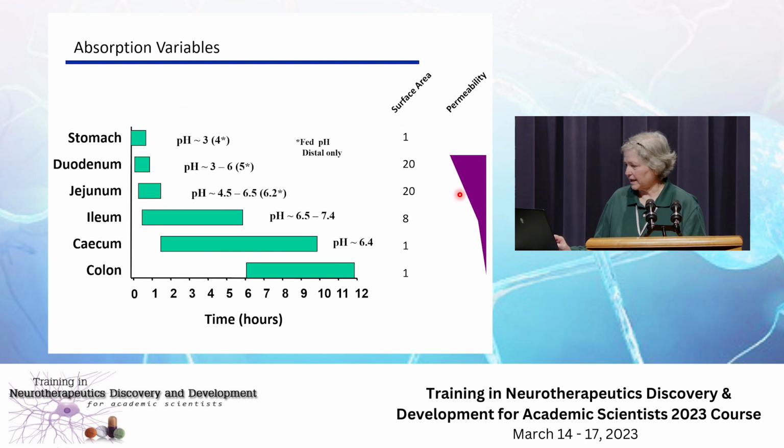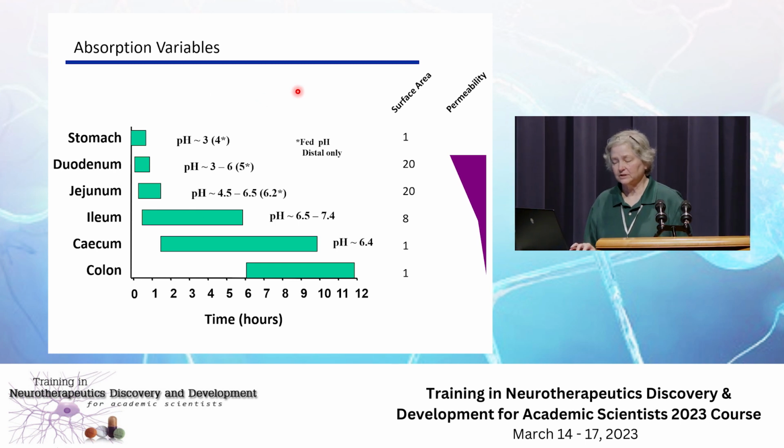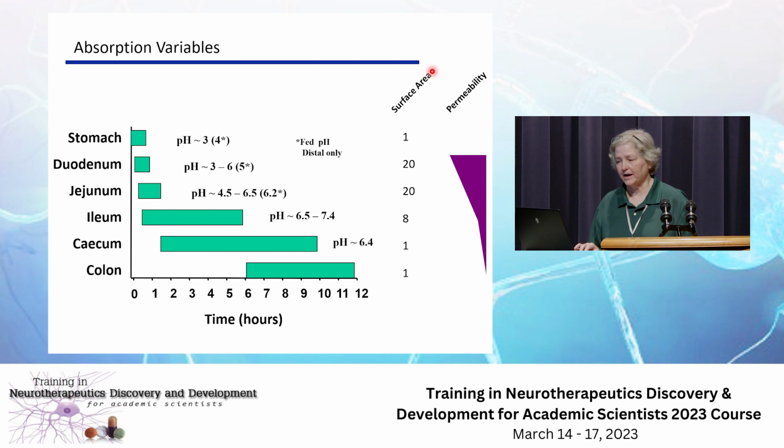And the last two slides I have are just facts. This is an example of why oral bioavailability is difficult, because as a compound goes down the intestinal tract, the time that it spends there is different. The pH is very different.